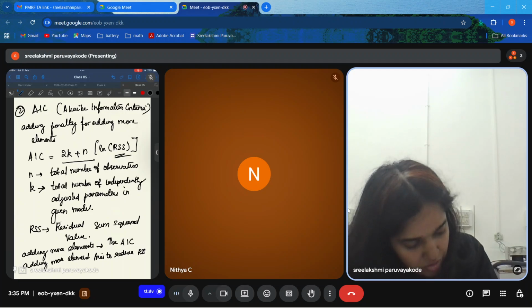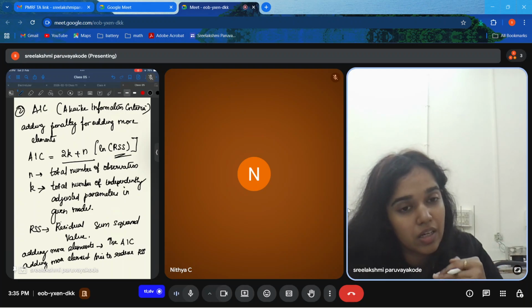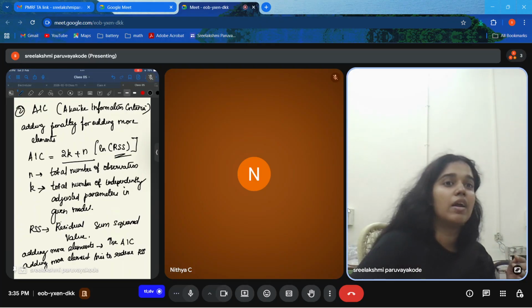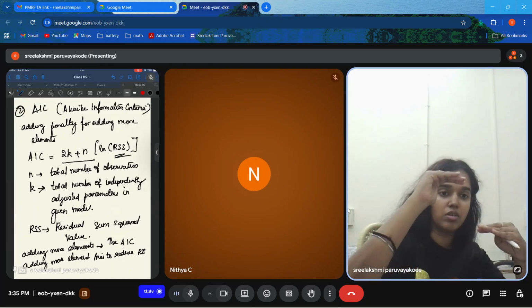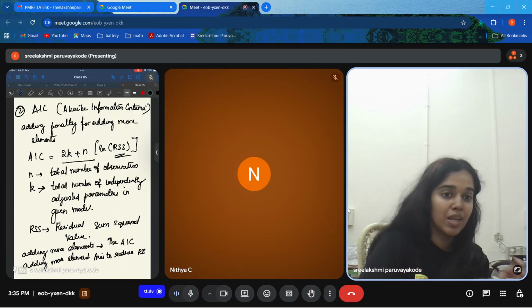So one term will reduce the RSS and thereby reduce the AIC value. Another term, adding the number of elements, increases your AIC value. One term causes an increase, the other reduces. After adding so many elements, at what point do you get the minimum AIC?